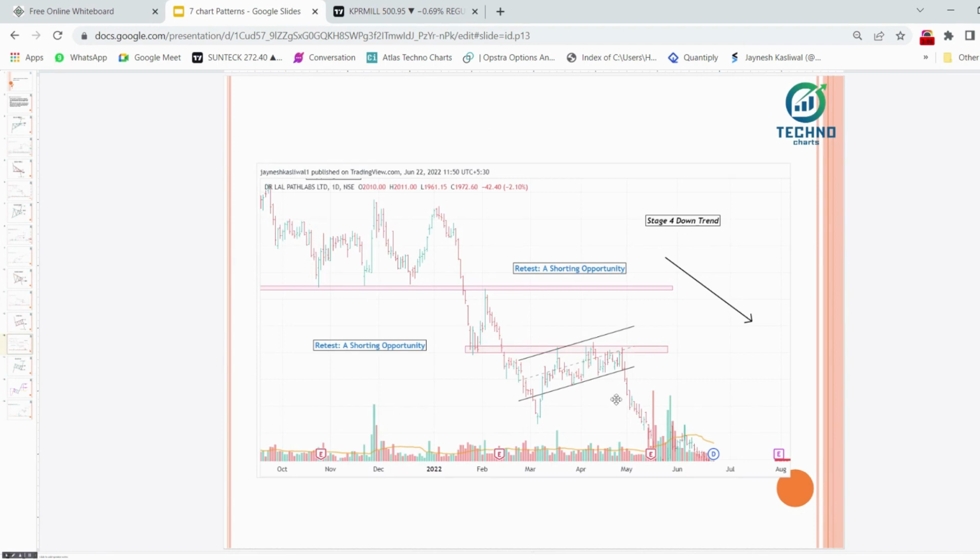So this is the chart of Dr. Lalpath Labs, where the stock was in a downtrend initially, then moved into a channel, then finally it broke down, right? This is a continuation pattern in a downtrend, and it would give you low risk, high reward shorting opportunities.